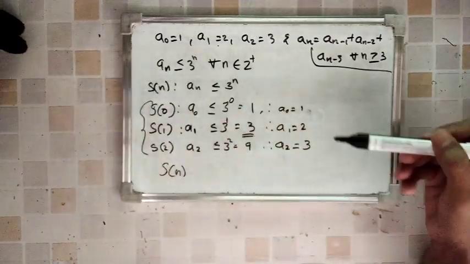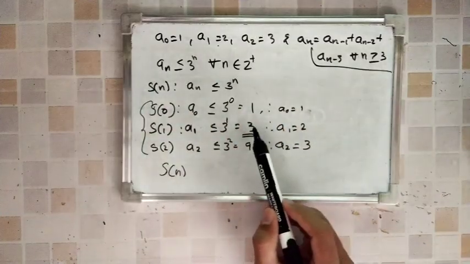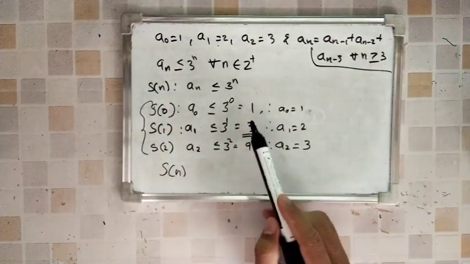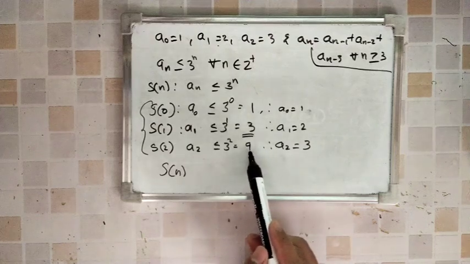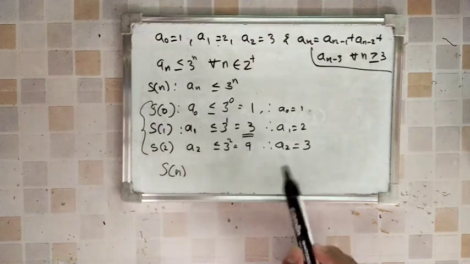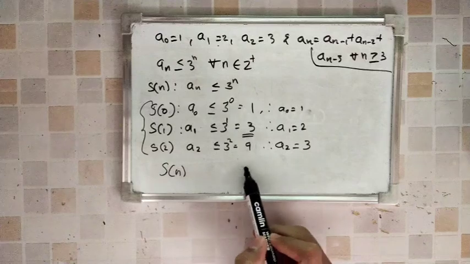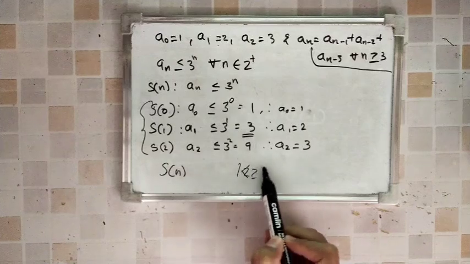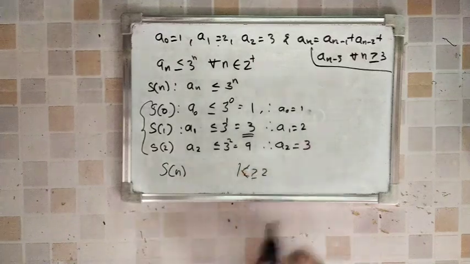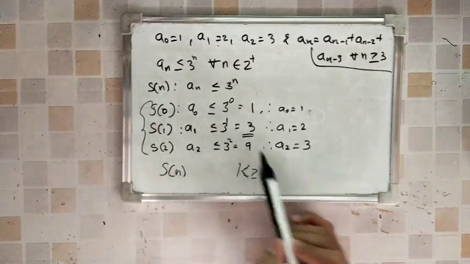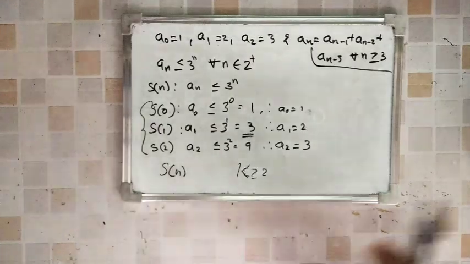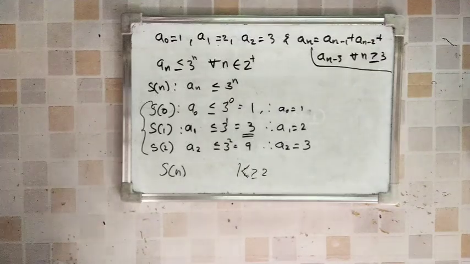All the terms here, I had less than or equal to 3, less than or equal to 1, and here less than or equal to 9. So if I take k greater than or equal to 2, I will always have less than or equal to 9 or more, so it will be true for all S(n).